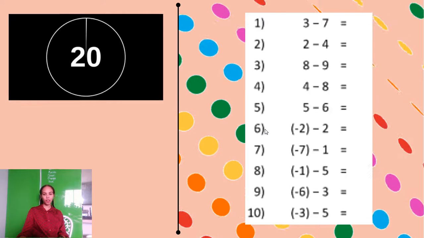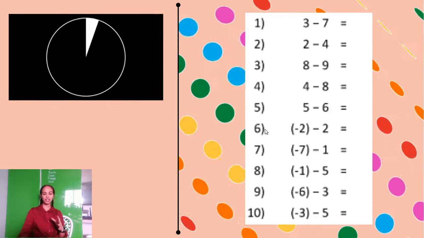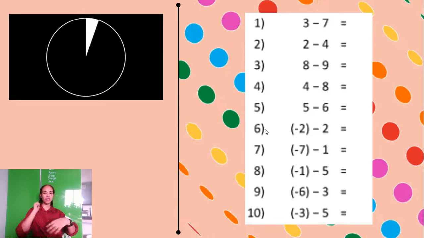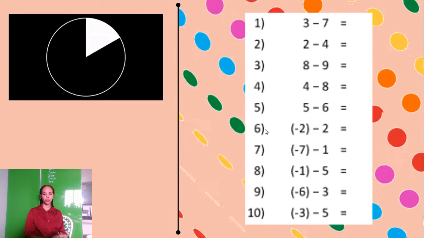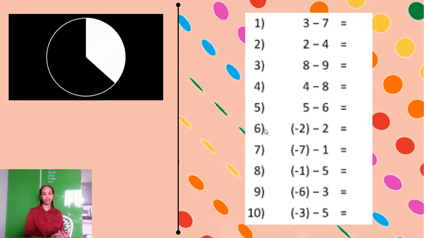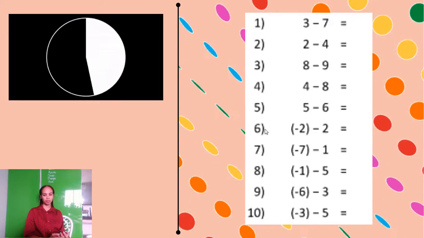Okay, and then we have some more over here. So this is just a minus sign. So instead of plussing as we did before, you are minusing. So try this very quickly, 20 seconds, go. I'll give you 20 seconds twice because I gave you a lot to do.